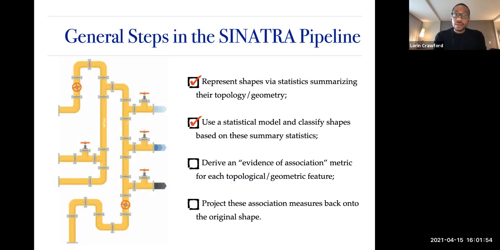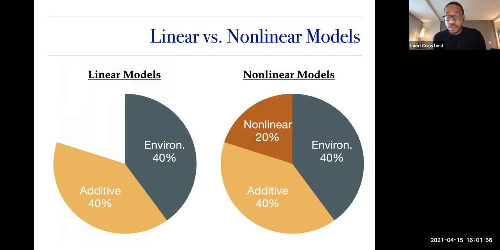Now, the reason why my group focuses a lot on nonlinear models such as Gaussian processes, kernel regression methods, and now neural networks, is the idea that nonlinear methods see the entire piece of the pie, right? And the pie here is phenotypic variation. For linear models, we have really nice hypothesis testing procedures and variable selection procedures.